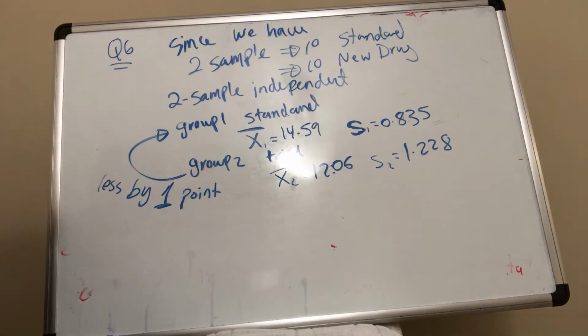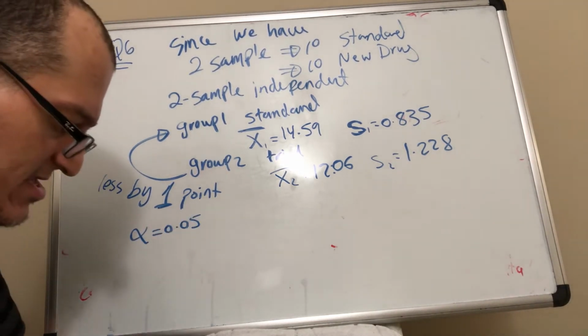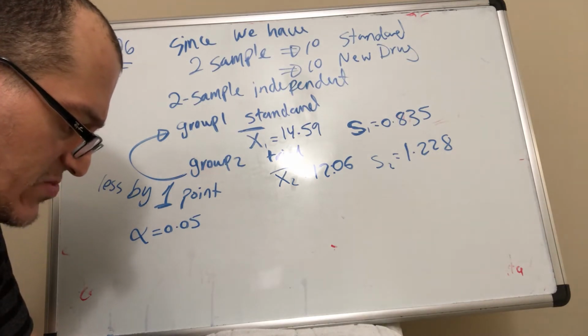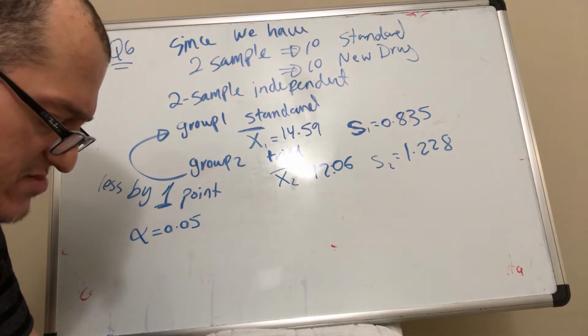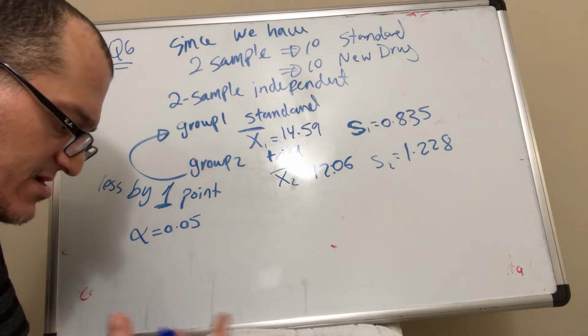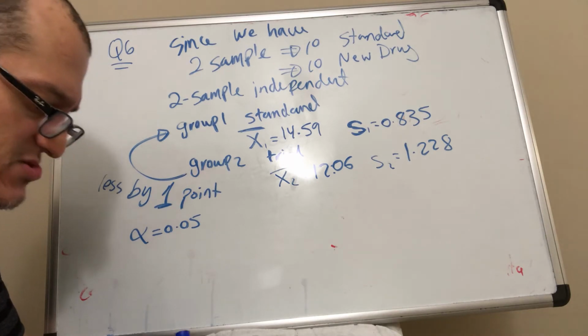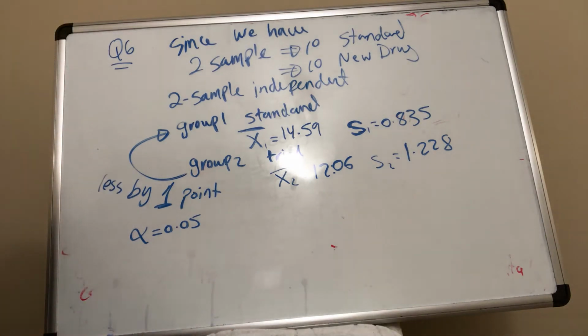They want you to use alpha of 5% again, and whether or not they should proceed with the trial, and do all the necessary work with the degrees of freedom, and so do the complete hypothesis testing.